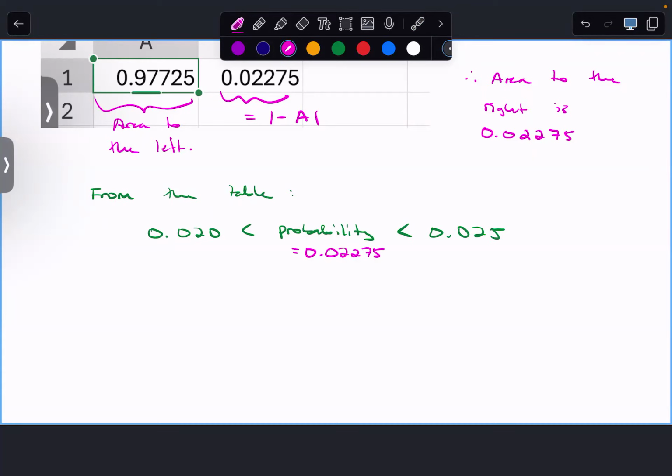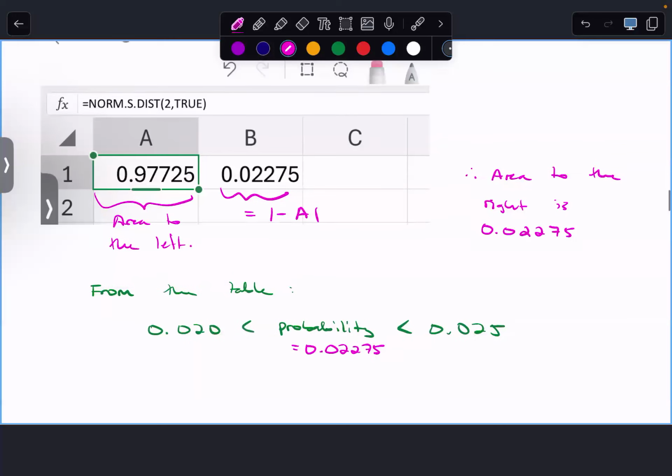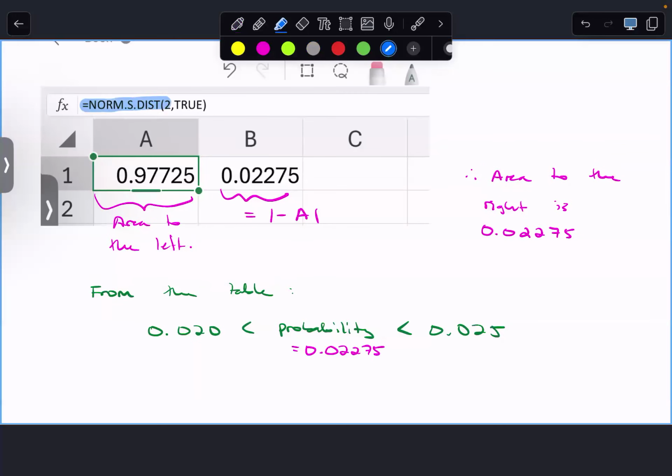So you can find the exact value. This is the cell that's highlighted, and this is what's being done in that cell. 0.02275 is somewhere between 0.02 and 0.025.